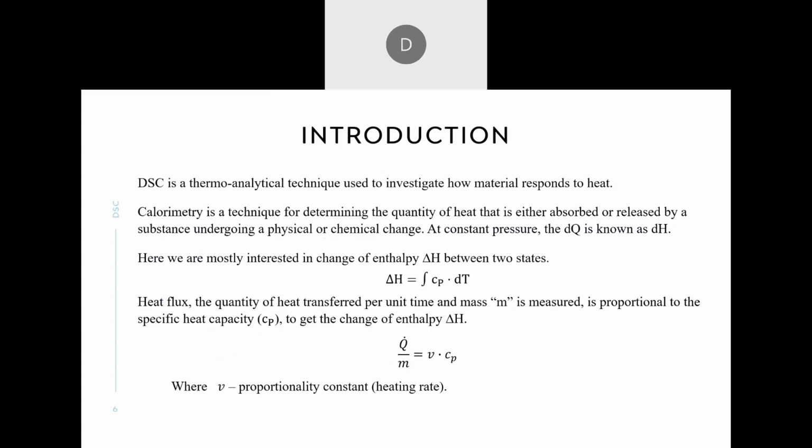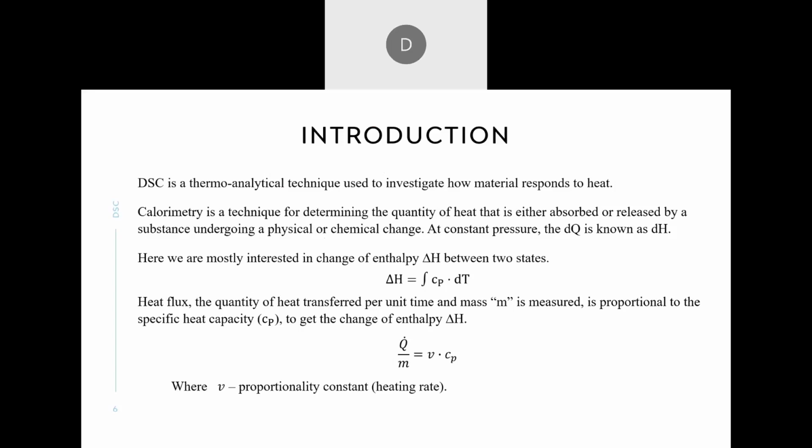And as we know from the first law of thermodynamics, at constant pressure, dq is also known as dH. So here we are interested in finding out the change in enthalpy between the two states. As we know, del H, which is the change in enthalpy, is equal to the integral of Cp dT, where Cp is the specific heat capacity.